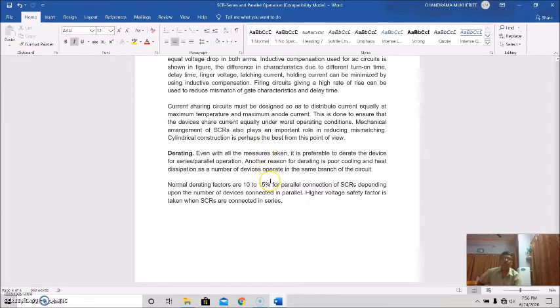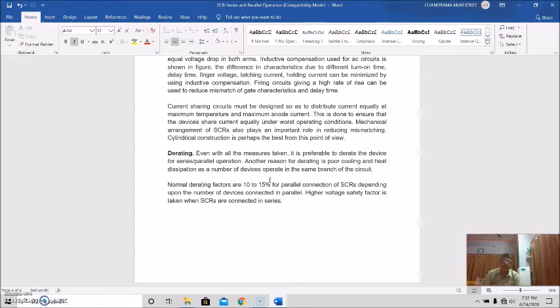So whatever measures we have taken, whether DC circuit operation or AC circuit, whether we have resistive compensation or inductive compensation, we can minimize the different factors to reduce the mismatch. Even then, derating is preferred because of poor cooling and heat dissipation, and because a number of devices are operated in the same branch of the circuit.